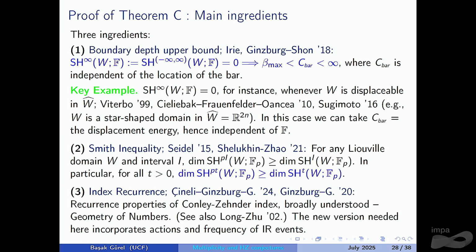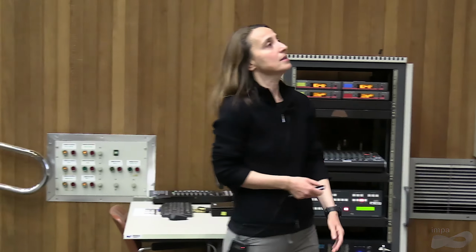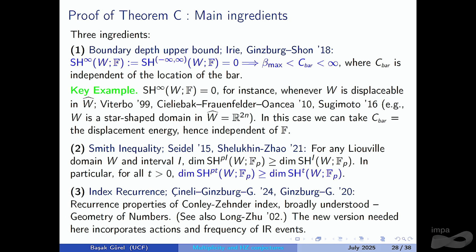Basically, if you have total symplectic homology 0, as in our case, in general, if you have a displaceable domain, where omega hat is the symplectic completion, then there is an a priori bound on the length of bars. So all bars are going to be finite. This is one important thing, an observation going back to Ekeland and also proved in the Ginzburg-Shön paper.